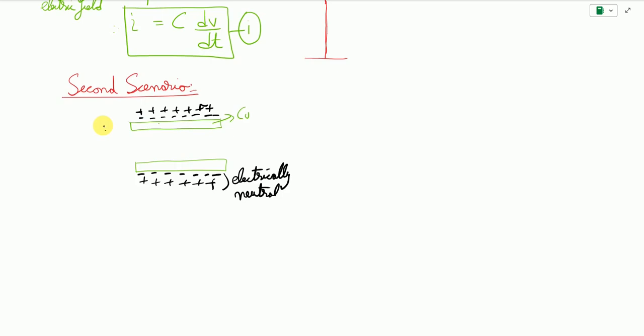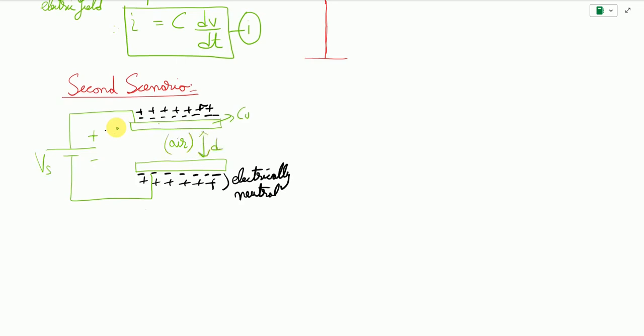Now what happens when we connect this to a voltage source, again our battery having its own positive and negative terminal. So now let us understand the second scenario, or working of the capacitor, through the flow of electrons phenomenon. Again there is an insulator in between, the air gap we can say.